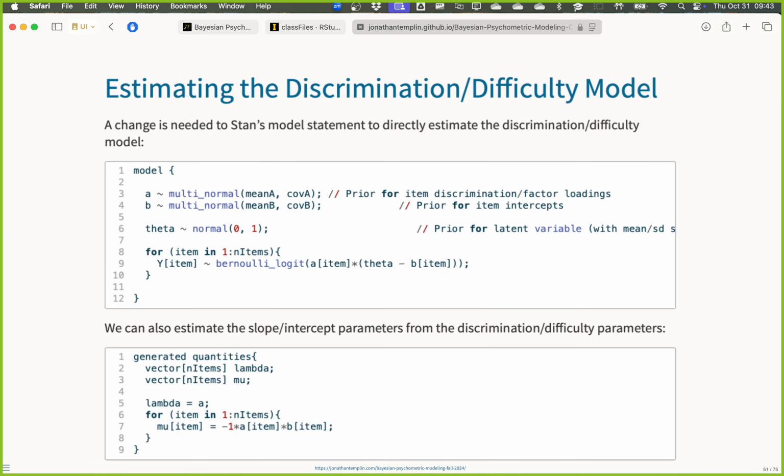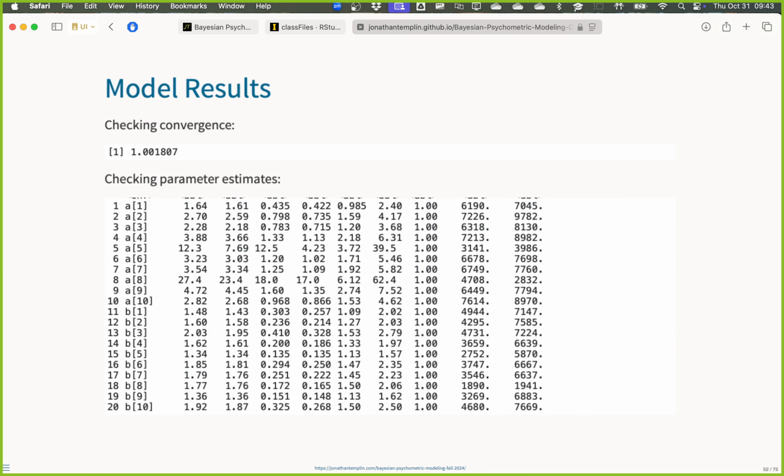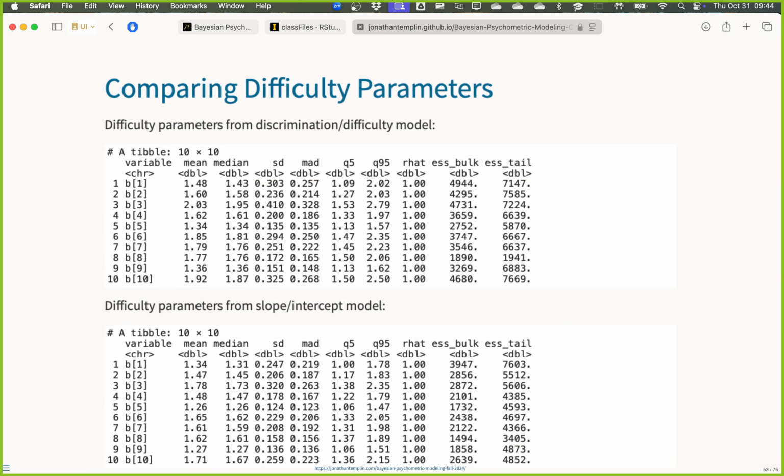It's a little distasteful for me because I'm used to the frequentist world without the prior, where we can convert from one to the other and have everything be the same for the most part, as if we estimated it itself. But here you can see there's some potentially sizable differences in parameters, right? Like, the mean for the discrimination difficulty B parameter was 1.48.